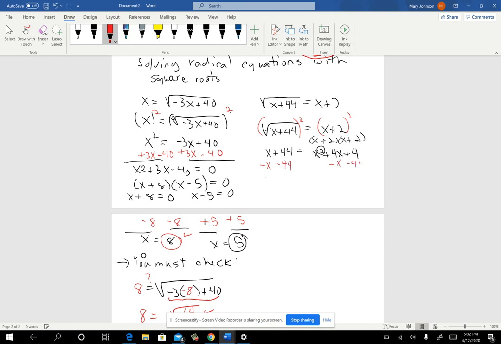So we'll come in and we'll make that happen. And I'm moving the x and the 44 over because I like my squared term to be positive. So do you see how now on this side we have x squared plus 3x, and then a minus 40, and that would equal 0.